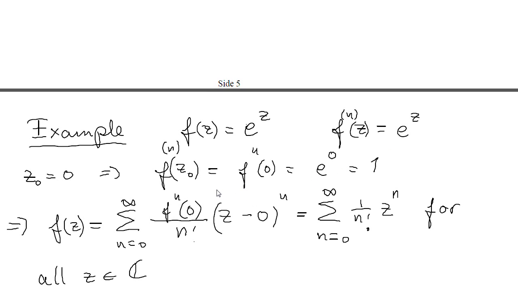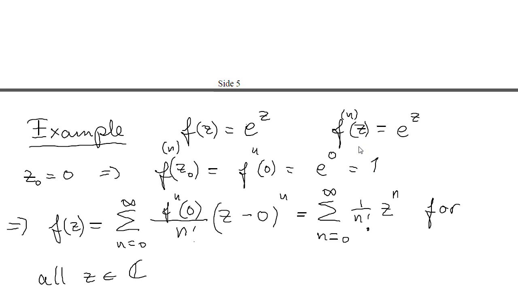So letting z0 be equal to 0, that means that we are going to find the Maclaurin series. Then we know that the nth derivative of the function f at the point 0 is equal to the exponential function of 0, which is just equal to 1.